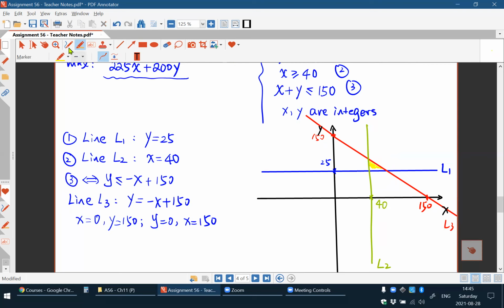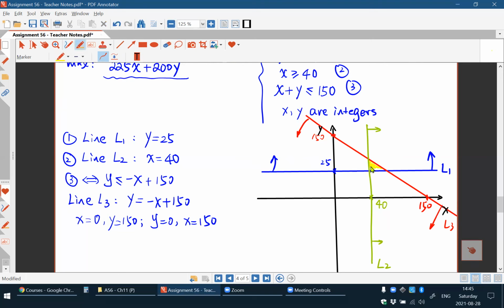Because according to all the inequalities, first, Y should be above L1. And to the right of L2. And here it says y should be less than or equal to, which corresponds to the region under L3, right?